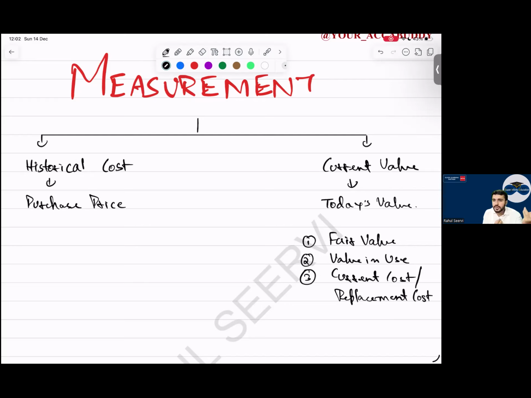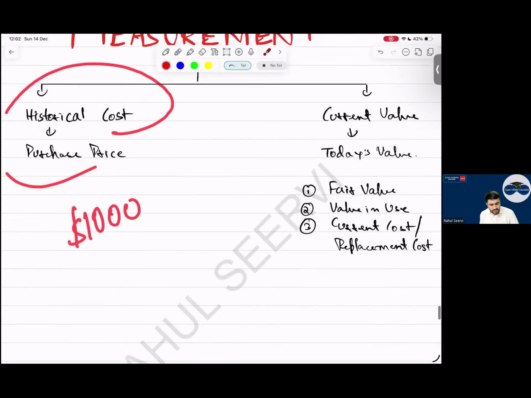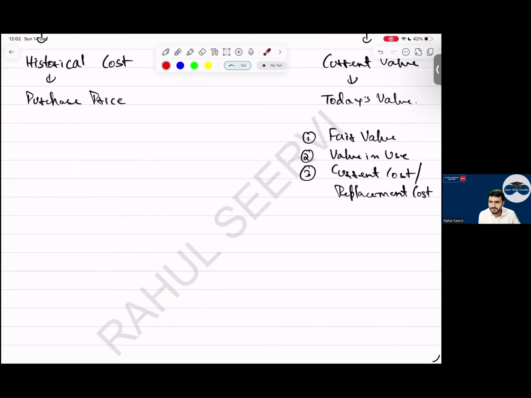When I purchase cryptocurrency, I purchase at $1,000. I record $1,000. Now after 1 year, will it be at $1,000 or will the value change? Value will change. But still, will the company record the asset at historic cost or current value?